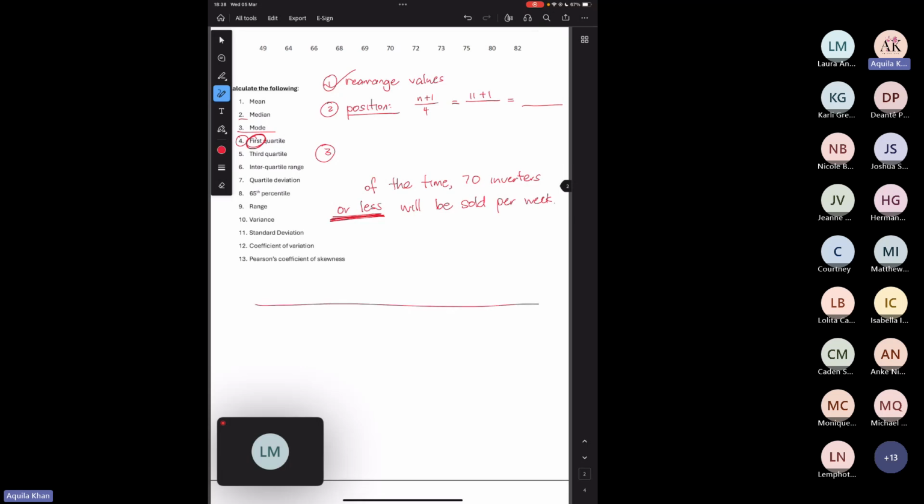In the same way that the median split our data set into 2 halves, your quartiles split your data set into 4 equal parts. Basically, it's the first 25%, then you add on another 25%, so that would be 50%. Then you add on another 25%, that would be 75%, and then you have 100% of your data.